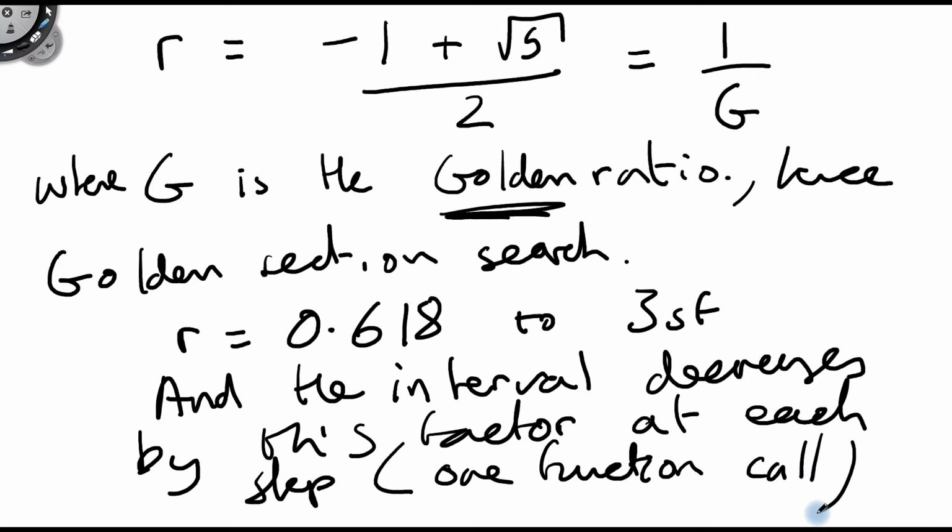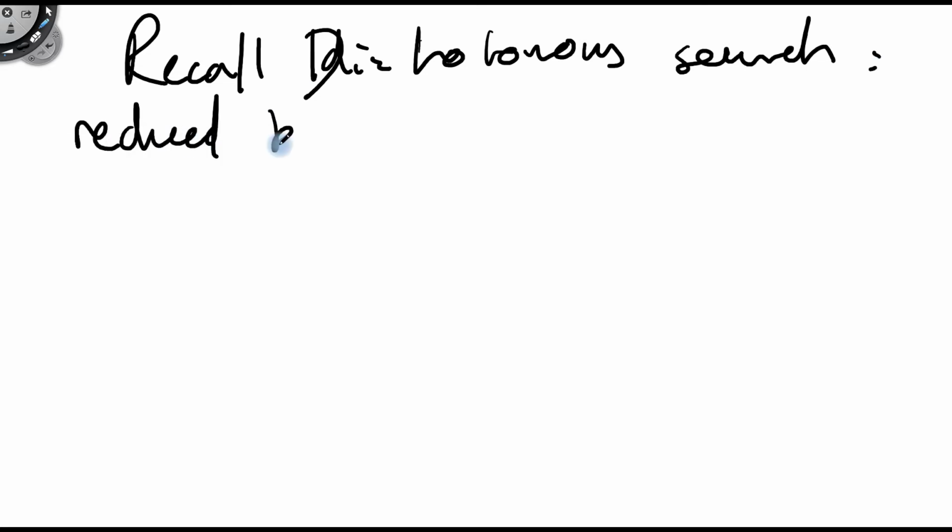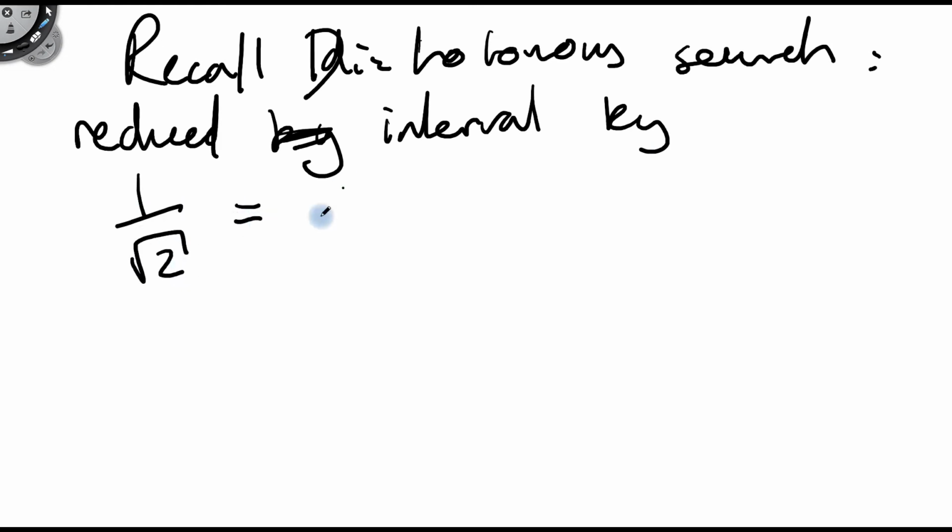Now this brings us back to that result we had for the dichotomous search. So recall dichotomous search, it should be a capital D, it reduced the interval by 1 over root 2, and if we compute that, it's 0.707 each function call.